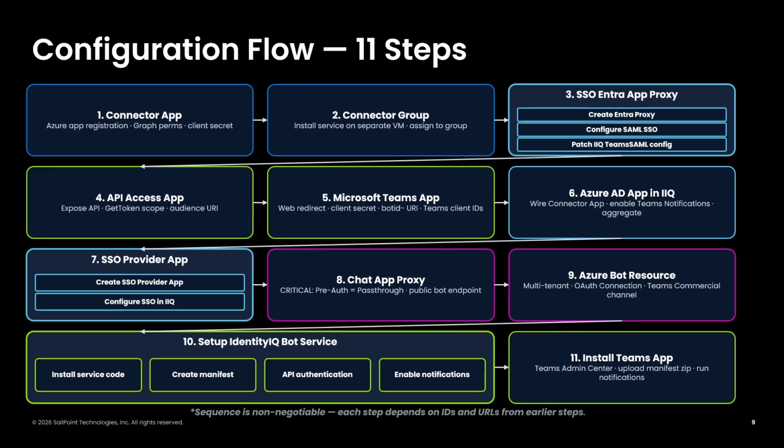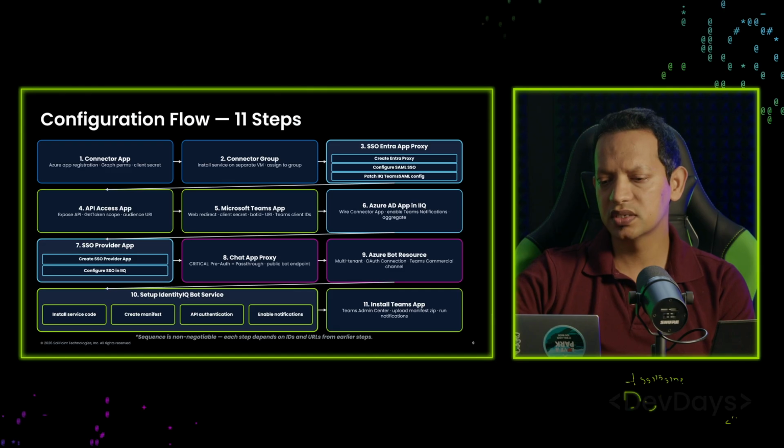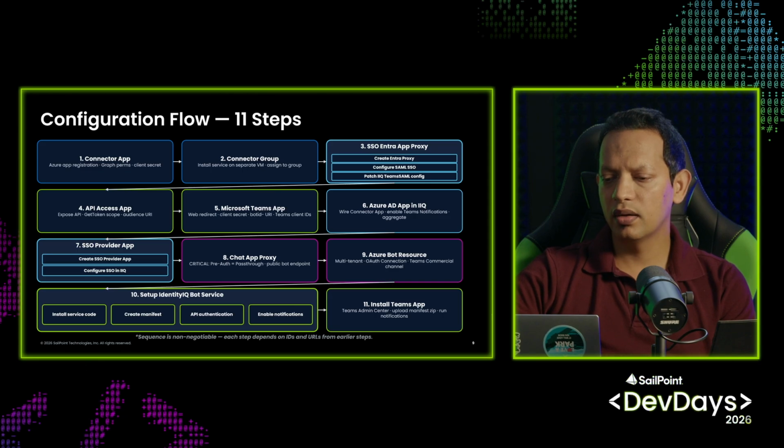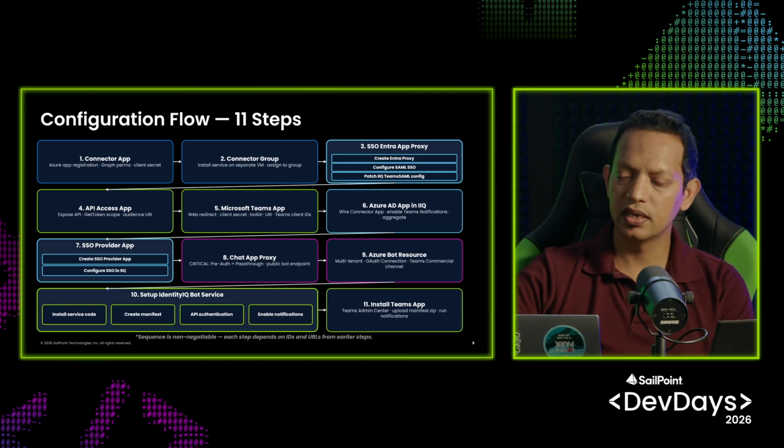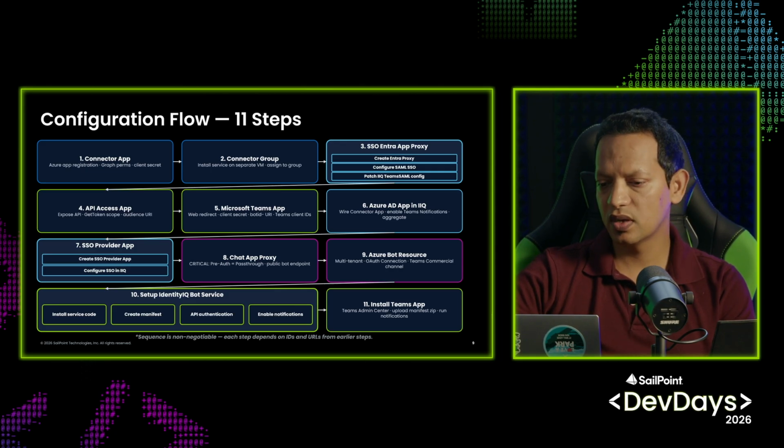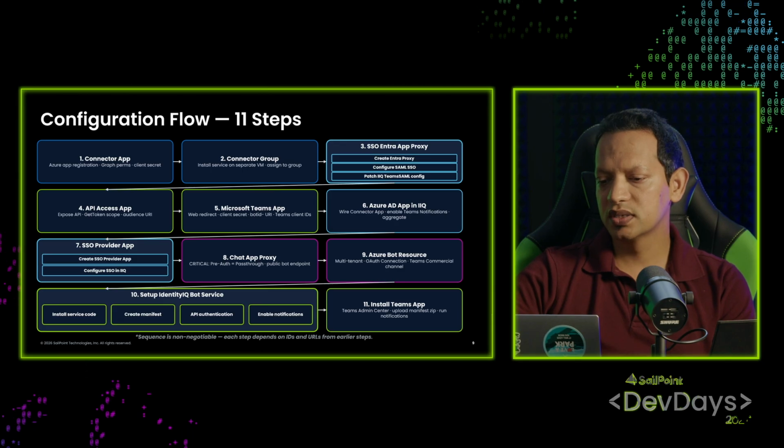Now, the next configuration is the Azure bot services. SailPoint does provide an exe file which is used to run the bot service on a VM, and that service takes environment variables for how the configuration is done. What's the IIQ service URL? What's the name ID format?